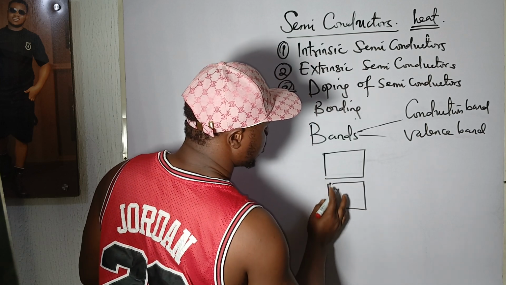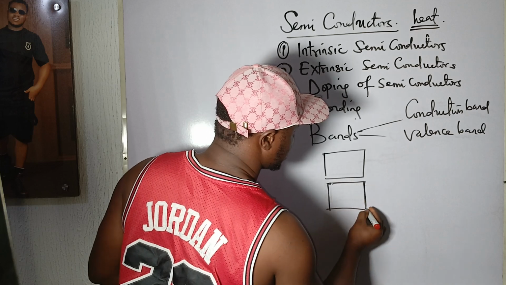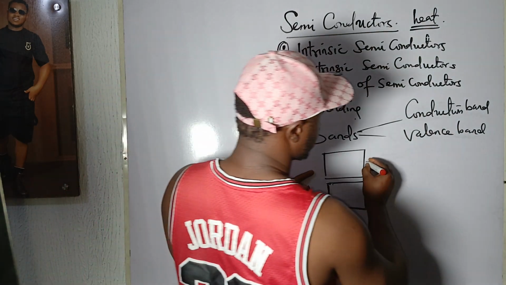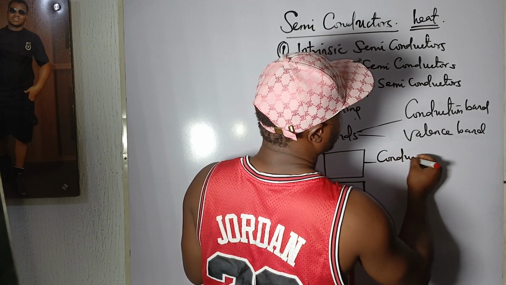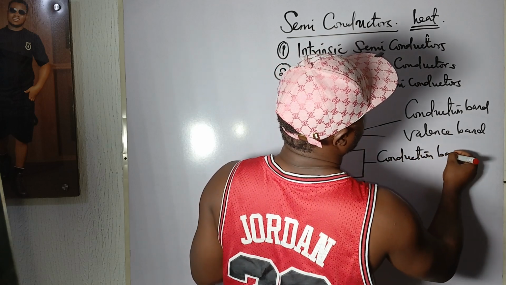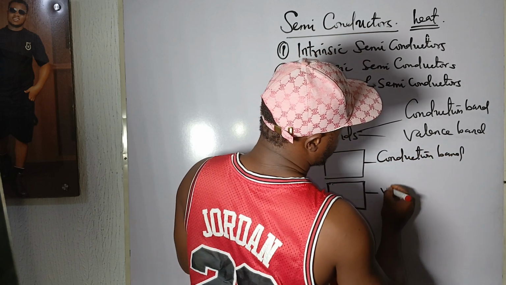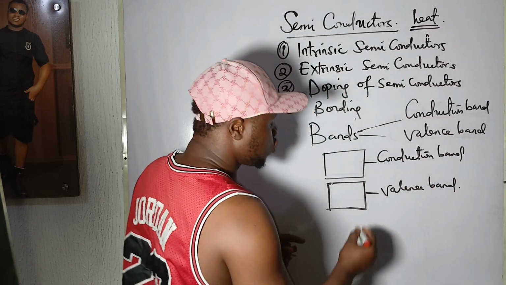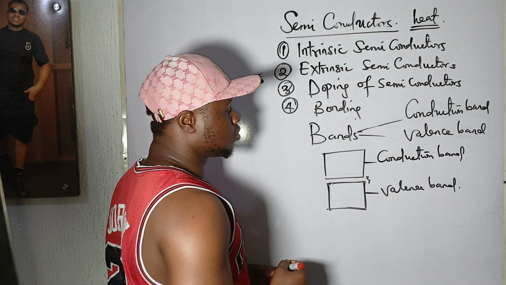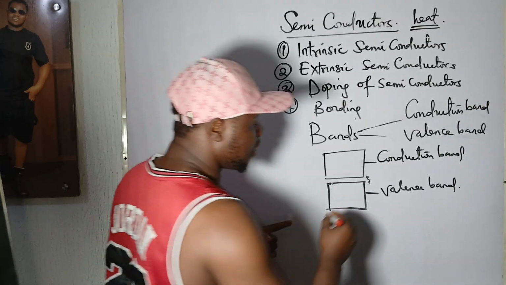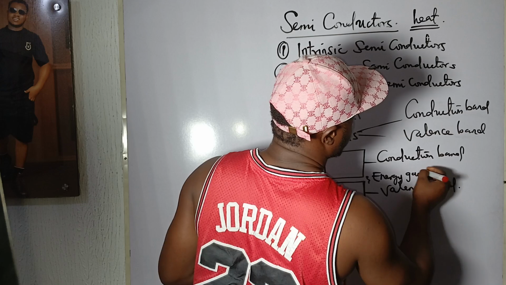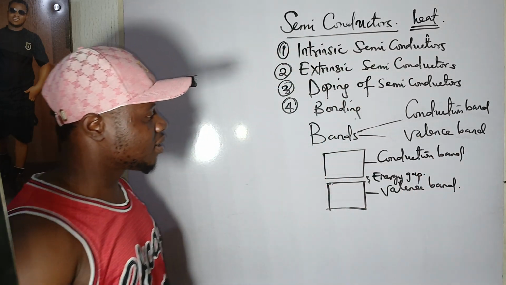I'm just using this to analyze it for you so that you'll be able to understand it. The up one represents the conduction band, while the down one represents the valence band. The space between them is called the energy gap, or forbidden region, or band gap.